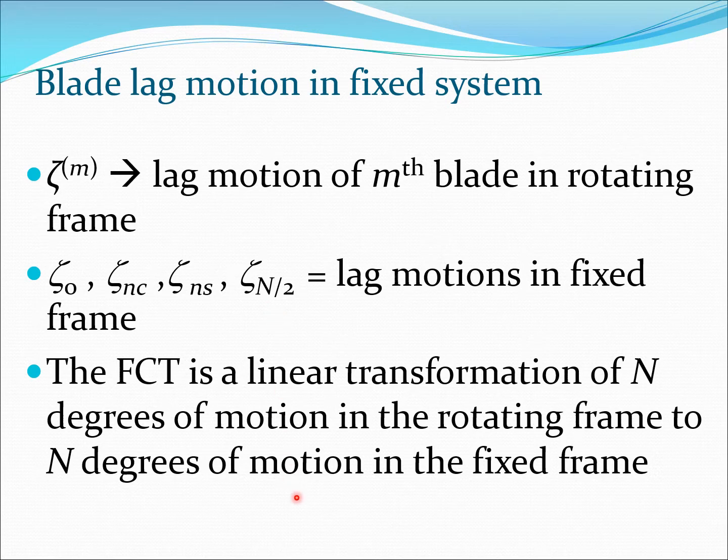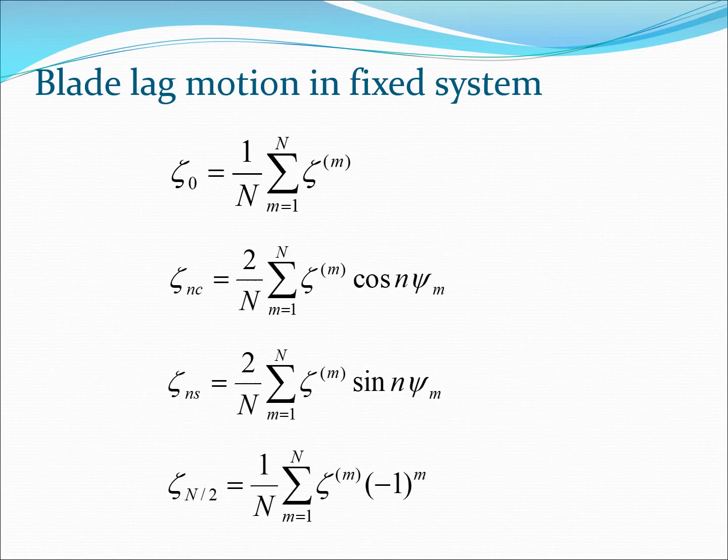So remember from our previous lecture on Fourier coordinate transformation that the FCT is a linear transformation of n degrees of freedom in the rotating system to n degrees of motion in the fixed system. So the blade lag motion in the fixed system is going to correspond to zeta 0, zeta nc, zeta ns, and zeta n by 2, and these are related to the rotating system degrees of freedom zeta superscript m by these 4 equations.